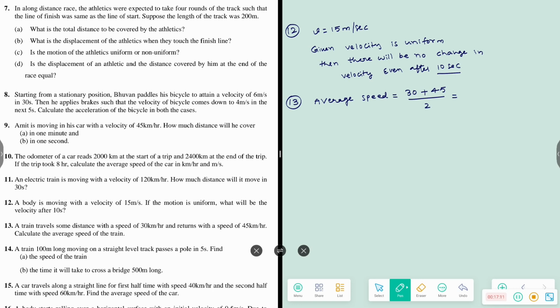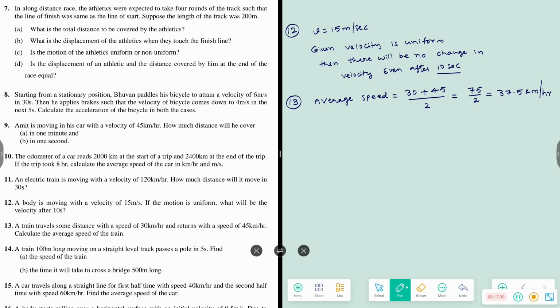Generally how do we find average? Total divided by number. We have two cases, so average speed will be 30 plus 45 by 2, which is 75 by 2, which is 37.5 kilometers per hour. This is the average speed of the train.